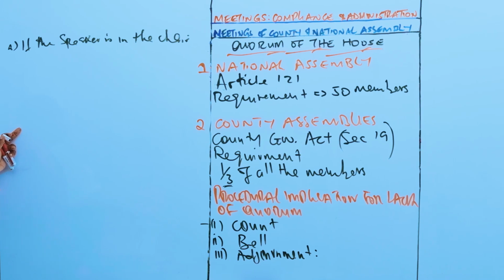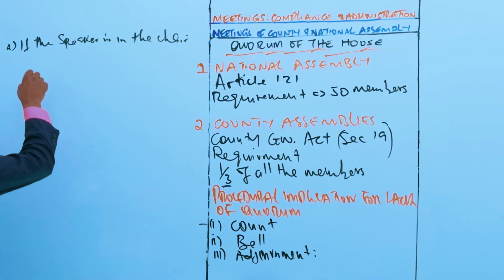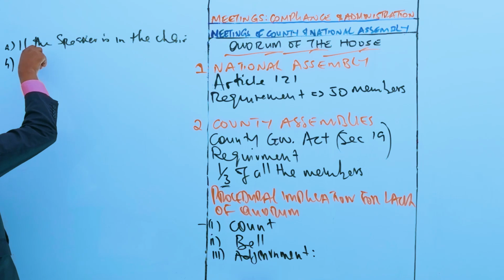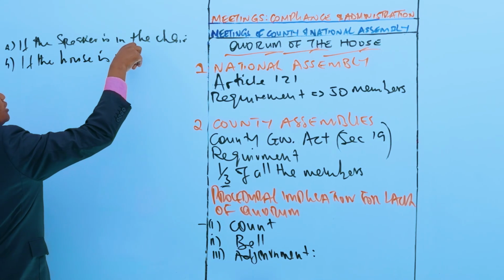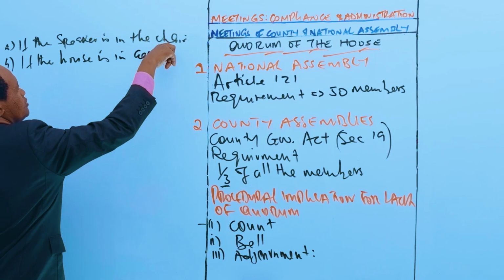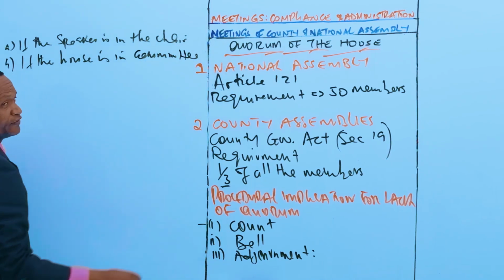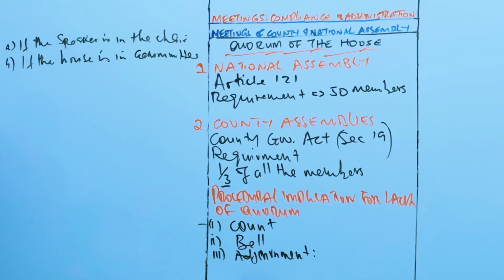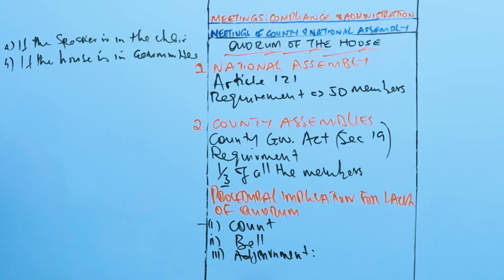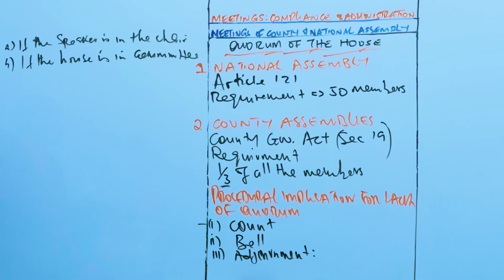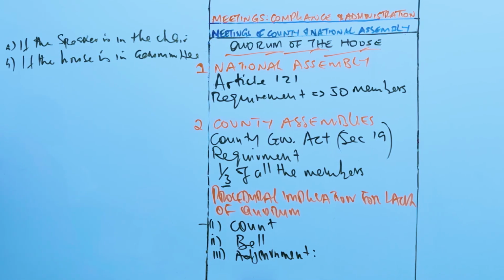Number two, if the house is in committee, then the chairperson leaves the chair and reports the lack of quorum to the speaker, who then adjourns the house until the next sitting.